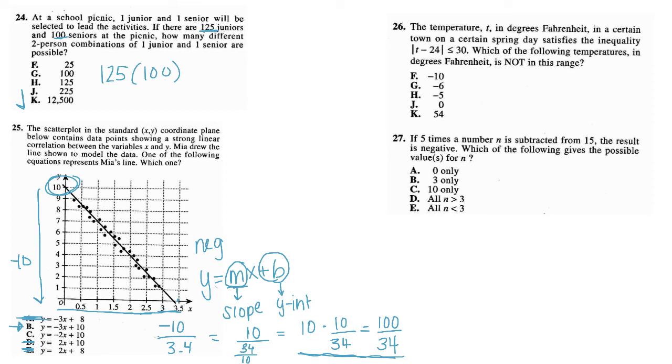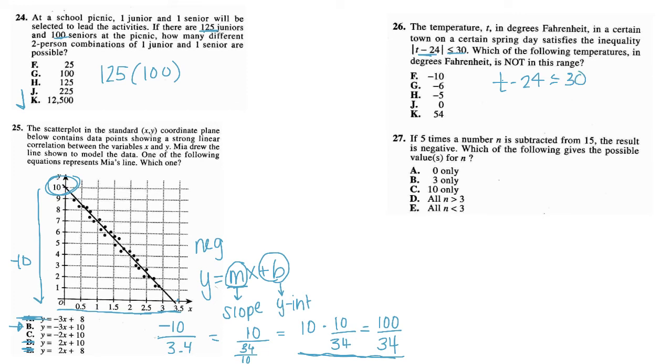Okay, moving on. And this is going to be setting up some kind of linear absolute value inequality. And so if these values inside here have to stay less than or equal to 30, we can set up an equation. So t minus 24, and notice I've dropped the absolute value, is less than or equal to 30.